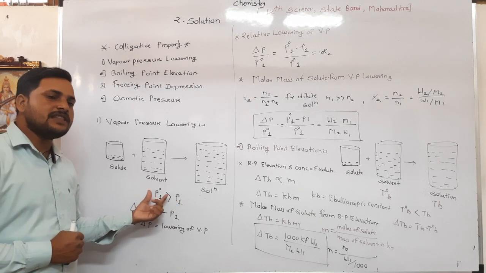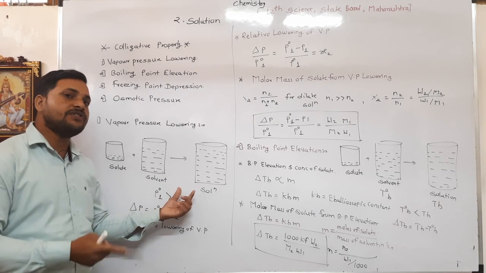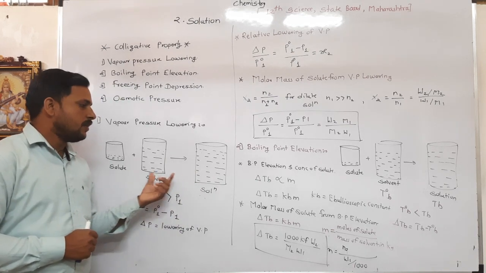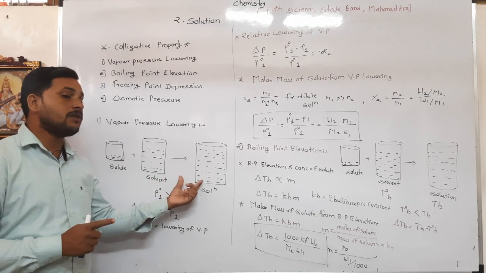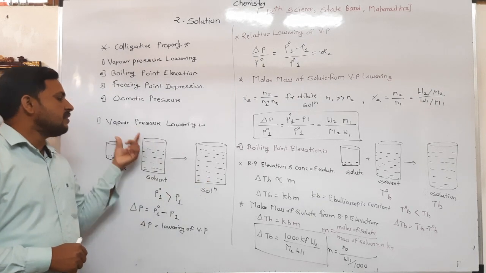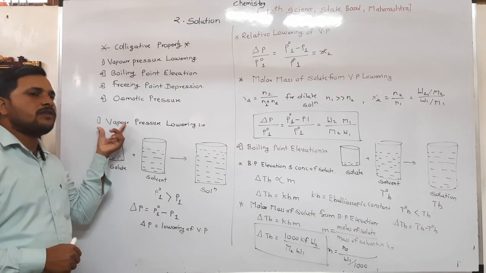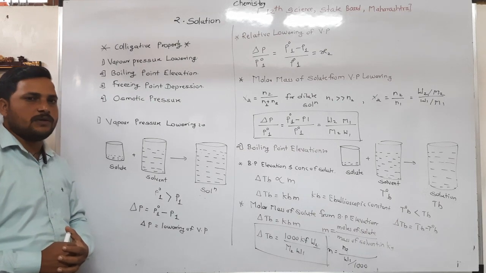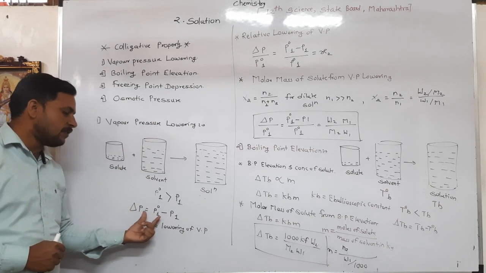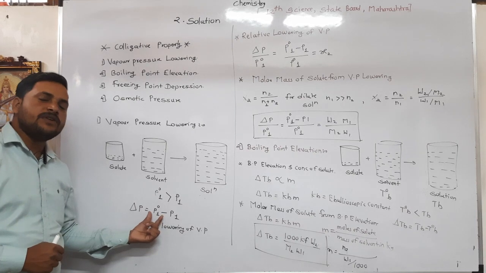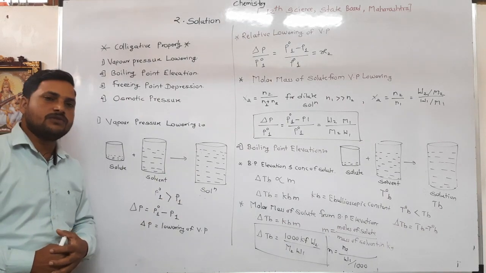Let P01 be the vapor pressure of pure solvent and P1 the vapor pressure of solvent in solution. The conclusion is that when a solution is formed, the vapor pressure gets lowered. Hence the colligative property is known as vapor pressure lowering. To calculate the quantity, delta P is equal to P01 minus P1, where P01 is the vapor pressure of pure solvent and P1 is the vapor pressure of solvent in solution.